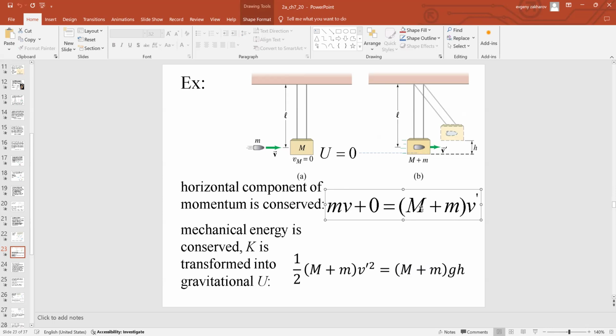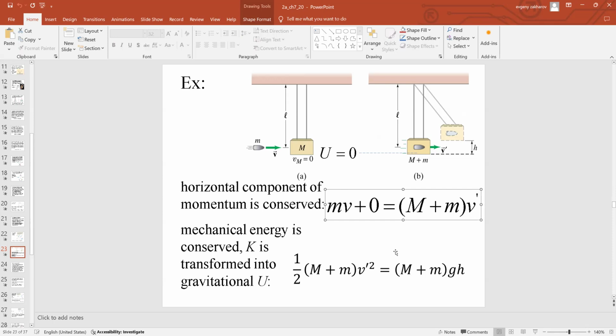So masses are combined, and they both travel at the same speed v prime. Positive direction, so everything is positive. So from the first equation, you can find the speed for the system right after the collision.